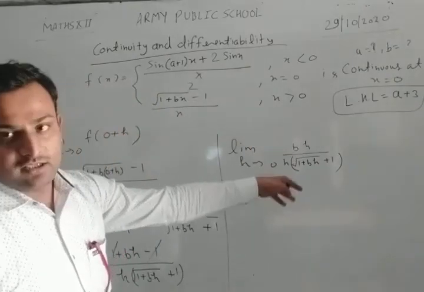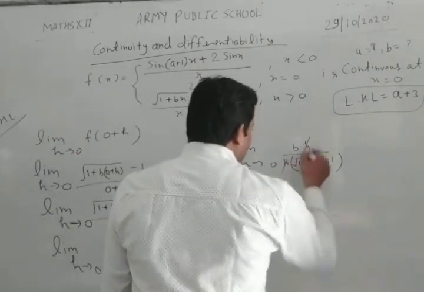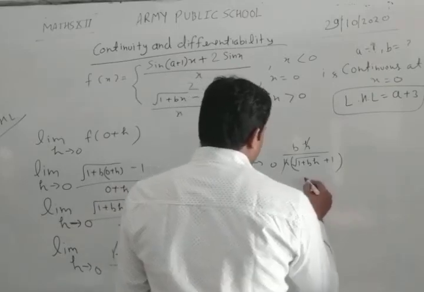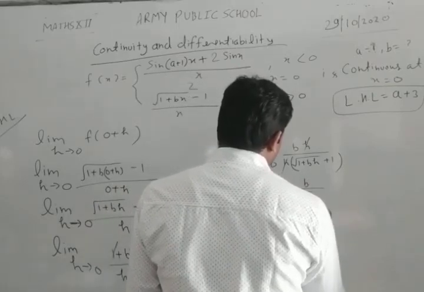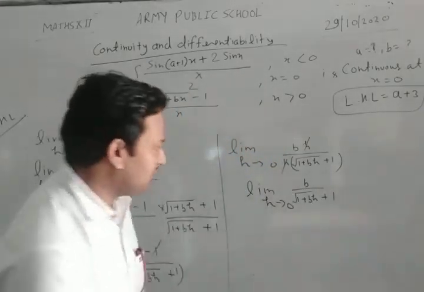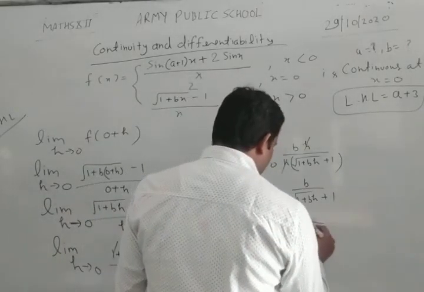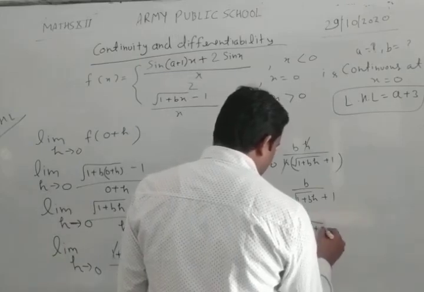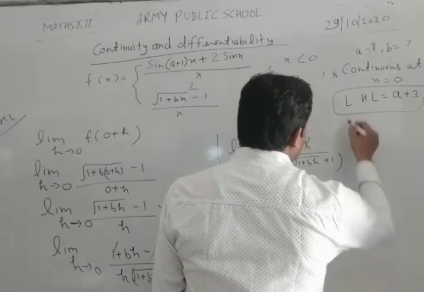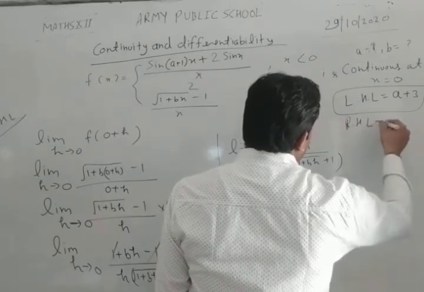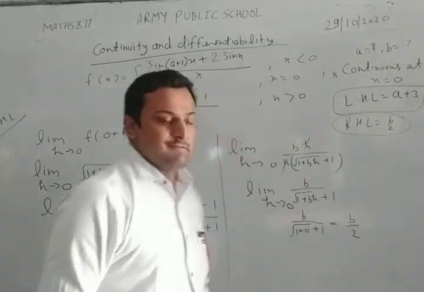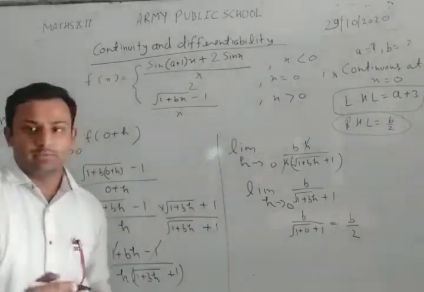Here h and h will reduce, so we write limit h tends to 0 of b by (√(1+bh) + 1). Now we put in our limit: b by (√(1+0) + 1), which is b by 2. So our right hand limit is b by 2, and the left hand limit is a+3.